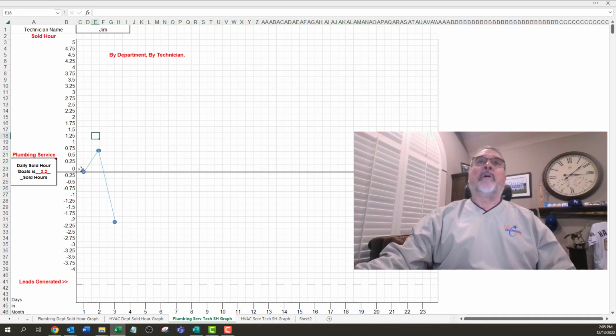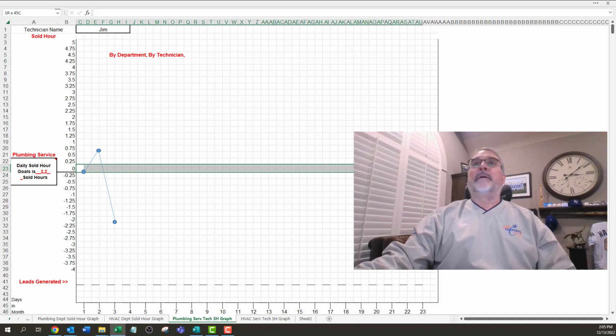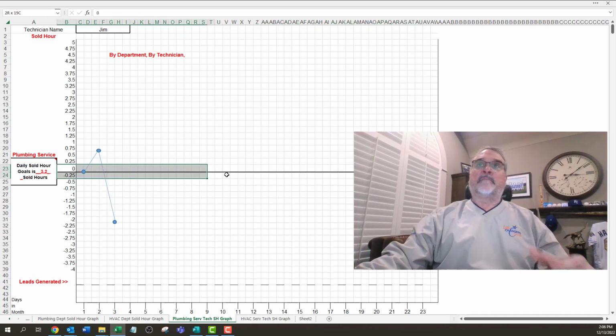Even if your whole week or your whole month, it's 23 days, if you have a dot on that line, you are hitting your target, and you're making your 25% net from that technician. This is right where we want to be.